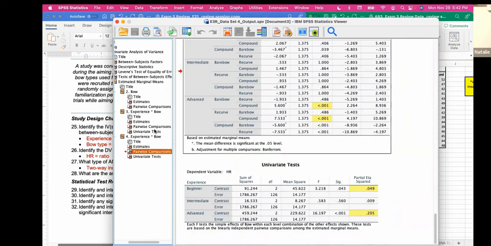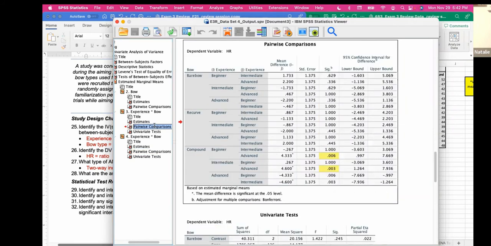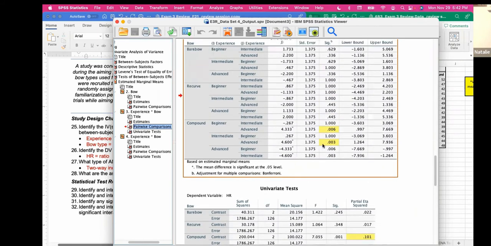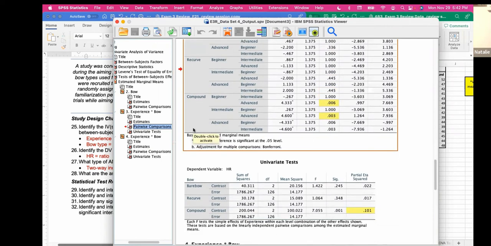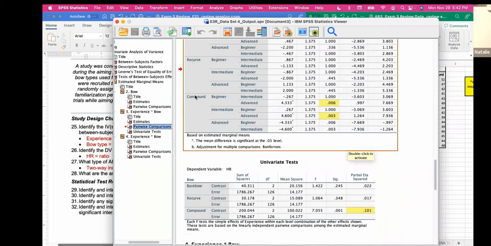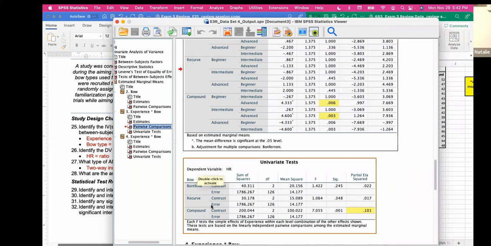And then similar to our other two-way ANOVA examples, if we have significant pairs within our compound grouping, then you would report the effect size underneath that table for just the compound group.